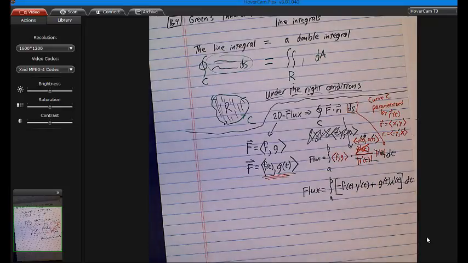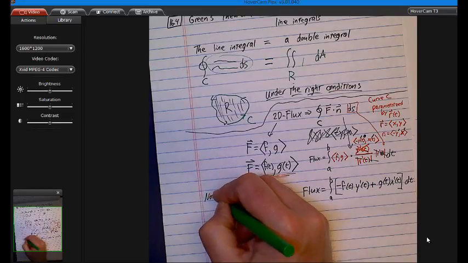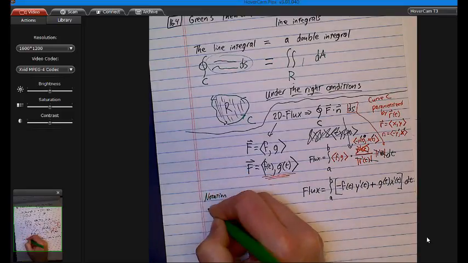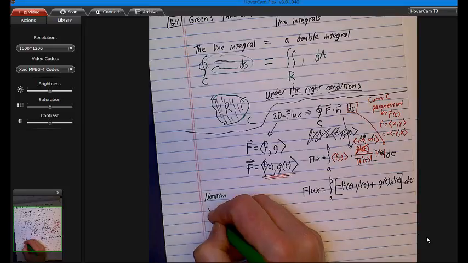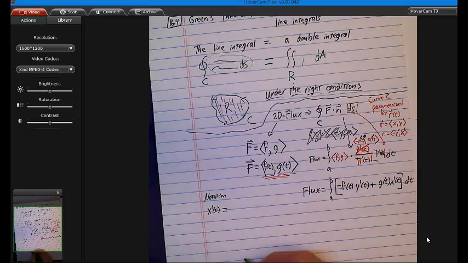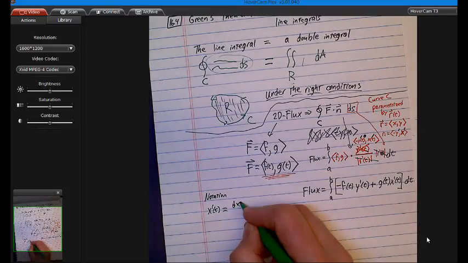And then what you do is this. Well, notation. What do we know about x prime of t? That's the Newton way of saying it. What's the Leibniz way of saying it? dx dt.